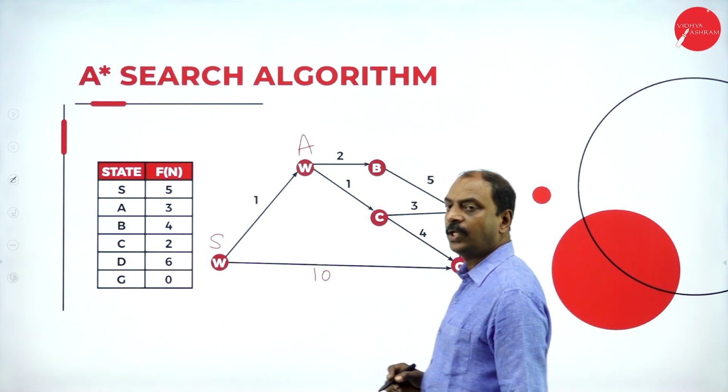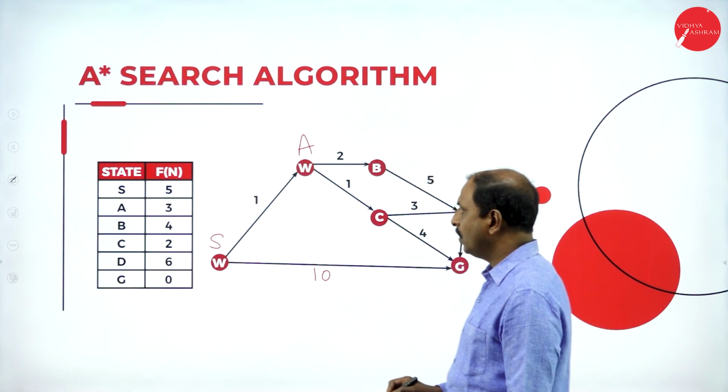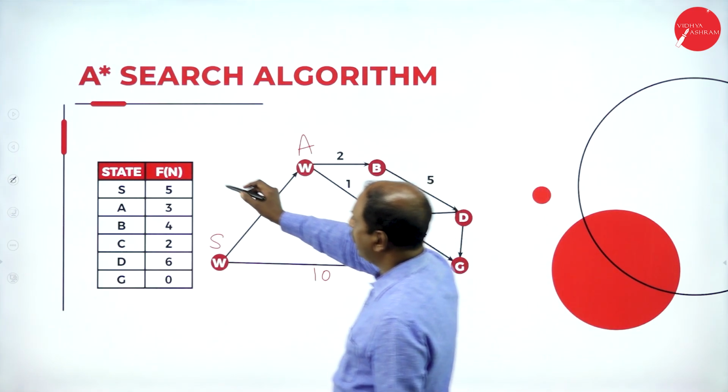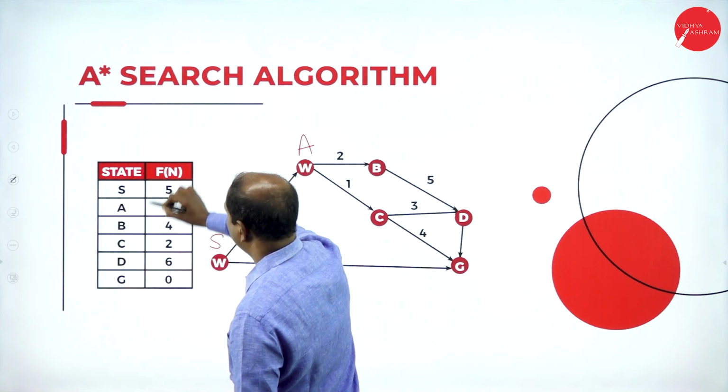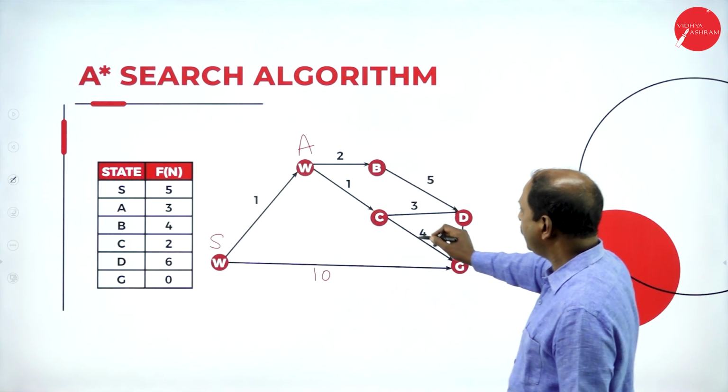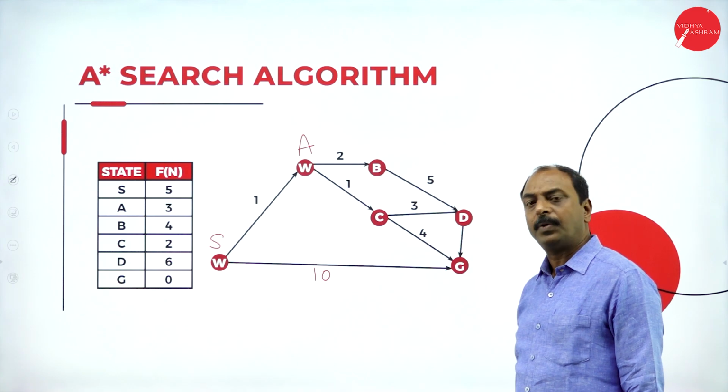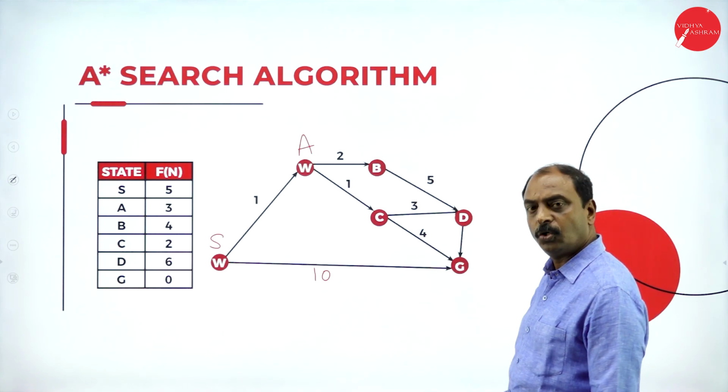The goal node value is always supposed to be 0. This function and this table are important, as we have to find the best optimal path in reaching the goal.